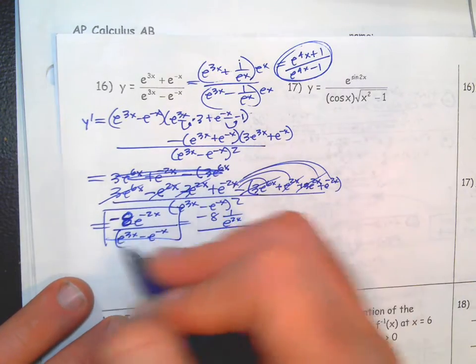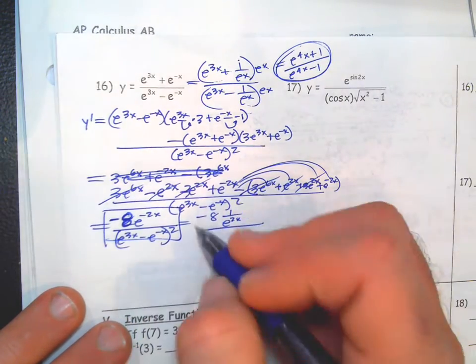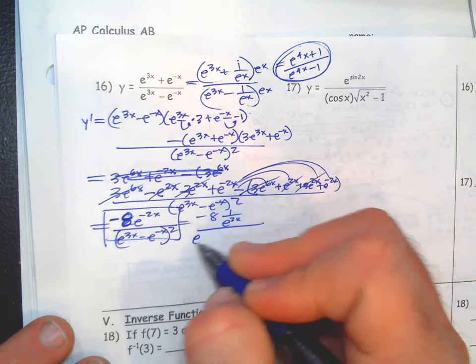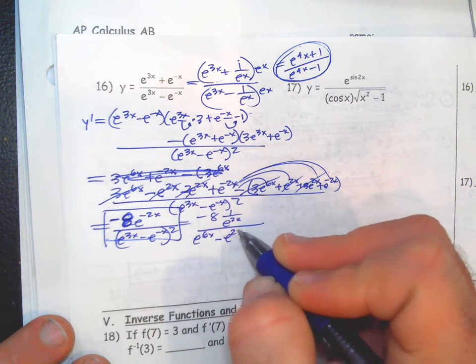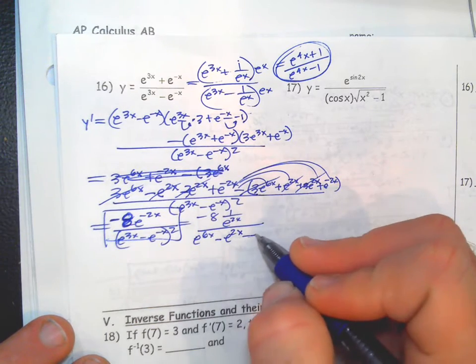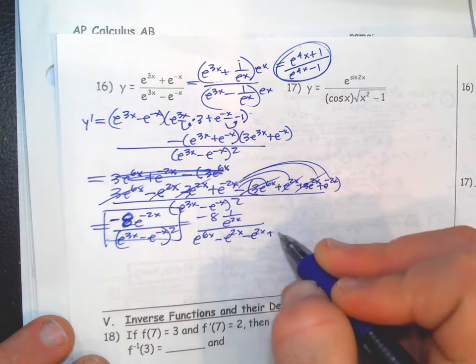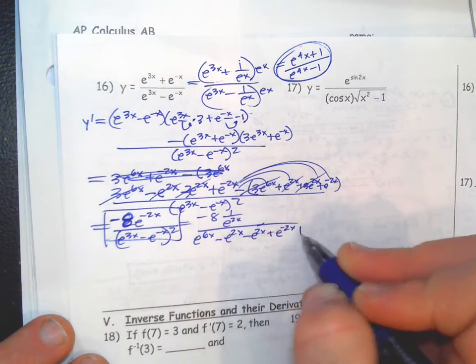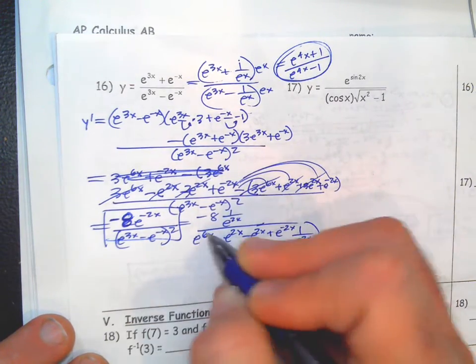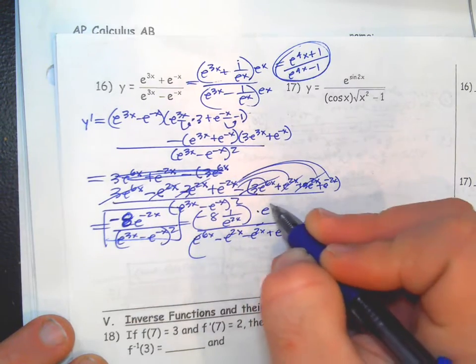And now the bottom was squared. You might want to go ahead and multiply this out: e to the 6x minus e to the 2x minus e to the 2x plus e to the negative 2x. That should be 1 over e to the 2x. So we can multiply the top and bottom by e to the 2x.